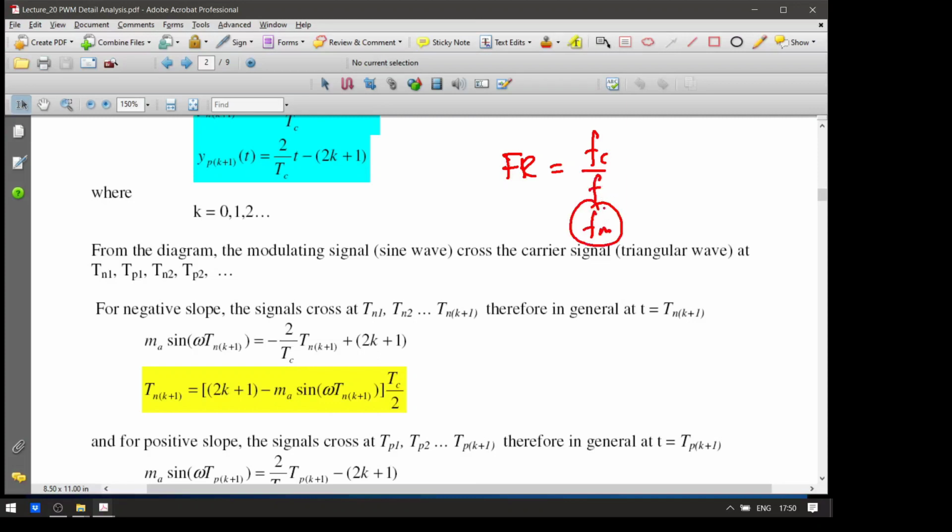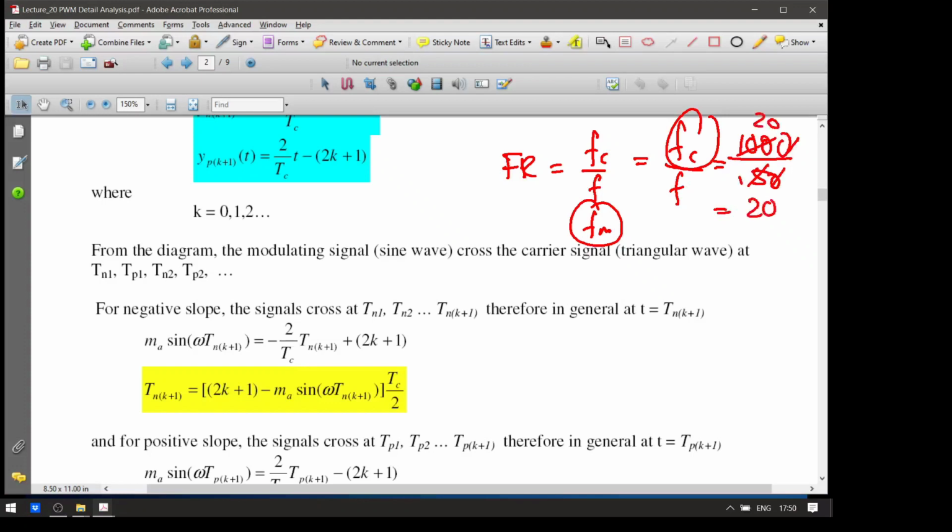So whatever level you use, this is the triangular carrier frequency divided by the modulating frequency. That determines fr, and normally fc is very high, let's say 1000 for example, and f equals 50, so therefore you can have 1000 over 50, which is 20, great.